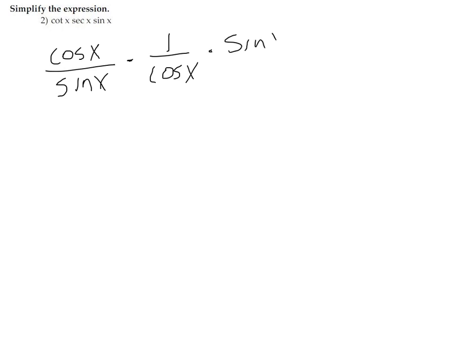So cotangent x is cosine x over sine x, times secant x, which is 1 over cosine x, times sine x. I'm going to put that over 1, doesn't matter. But what we notice is cosine over cosine is 1, that's a form of 1. Sine over sine is a form of 1. So everything is 1s here. The answer is 1. That's that.